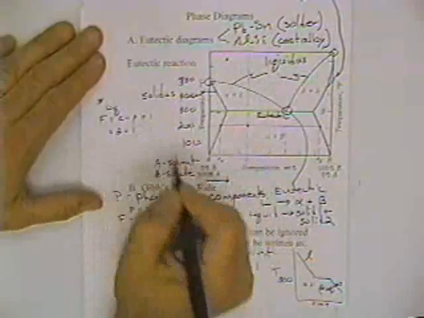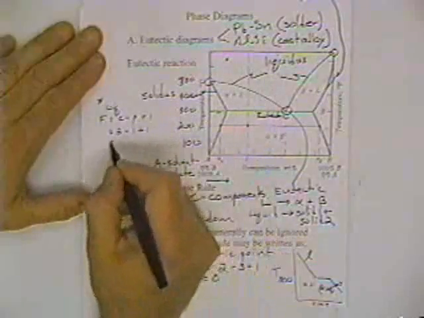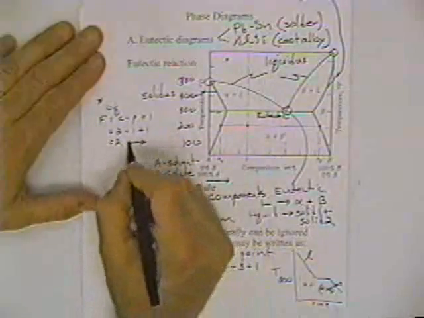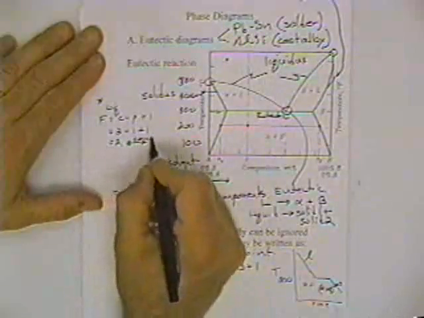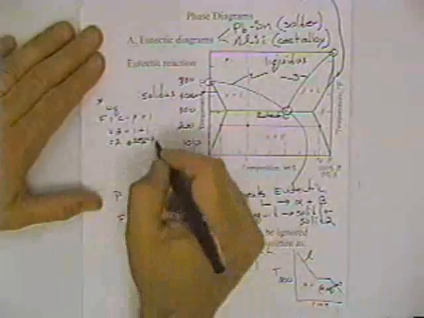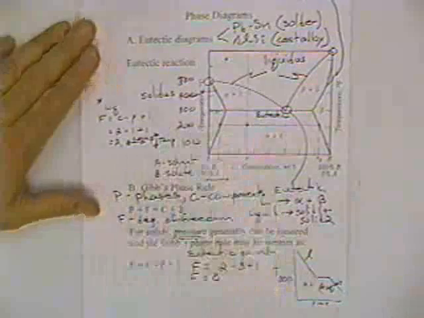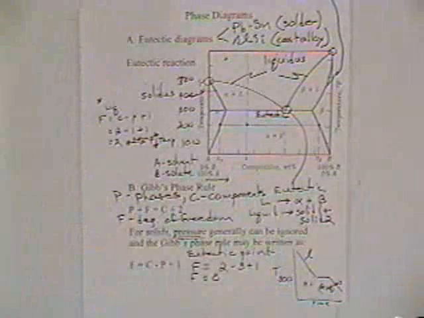Well, there's just 1 liquid, plus 1, so we would have 2 degrees of freedom. And that means that we could change composition, or we could change temperature, and there would be no change in the phases. So that's what it means to have 2 degrees of freedom.